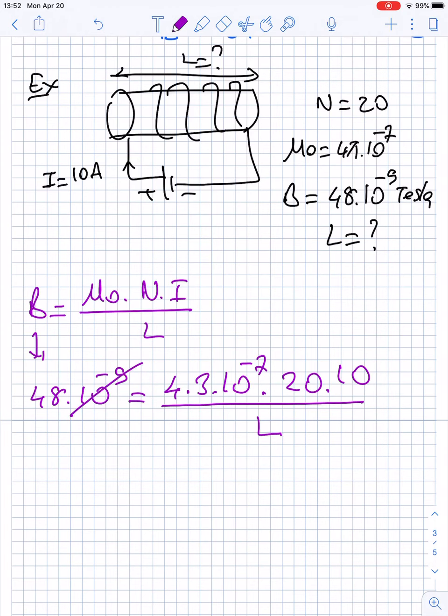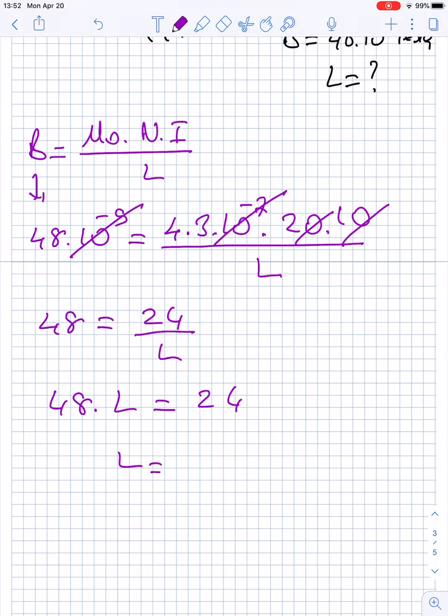Here, with 10 to the power minus 5 and 10 to the power minus 7, the extra 0 has gone, it simplifies, and 48 equals, after calculating, 24 over L. So 48 multiplying L equals 24, L equals 24 over 48, and my result is 0.2 meters.